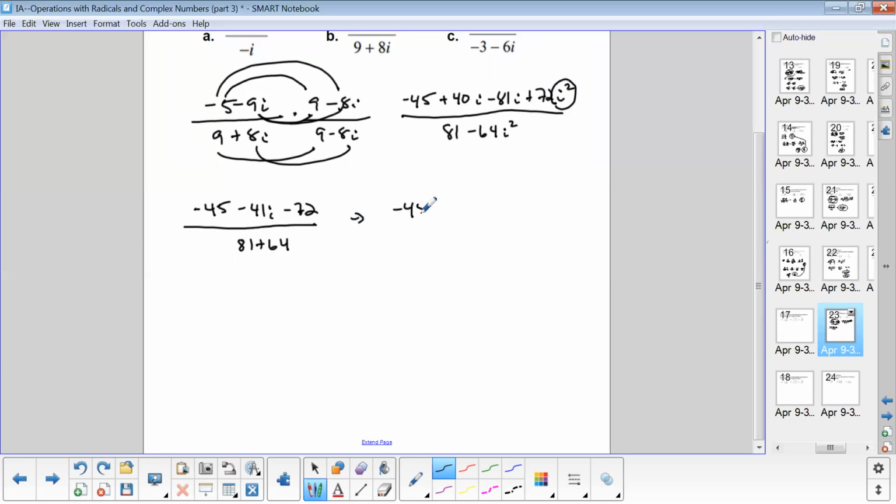So I'm going to get negative 45, and I'll go ahead and simplify that. Negative 45 and negative 72 will be a negative 117.